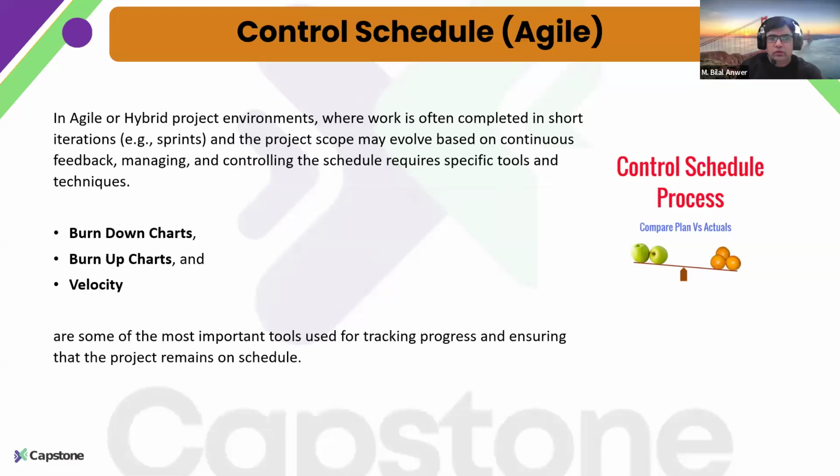Okay, right. So now let's talk about how we control schedule in Agile. In Agile, we have these three charts that we can utilize to see how we are performing. Yes, Usman? Sorry for interjecting. Can we conclude for today? These topics are important and just 3 slides are left.